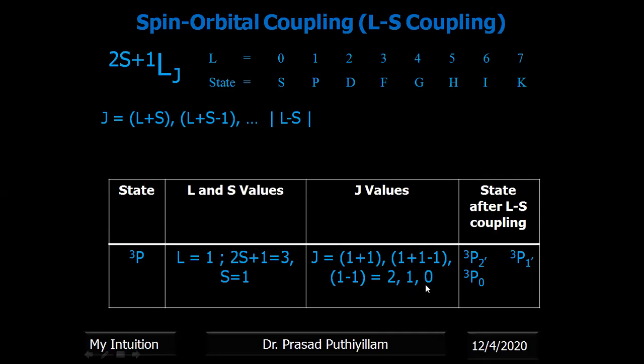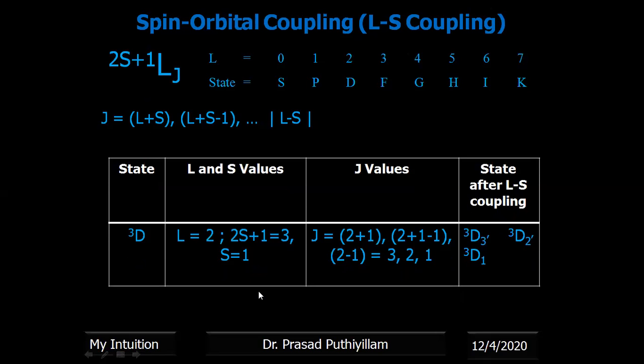Therefore 2, 1 and 0 are the J values. Therefore the corresponding states after the spin orbital coupling are 3P2, 3P1 and 3P0. Here 2, 1 and 0 are the J values, and 3 is the 2S plus 1 value, that is the spin multiplicity value.